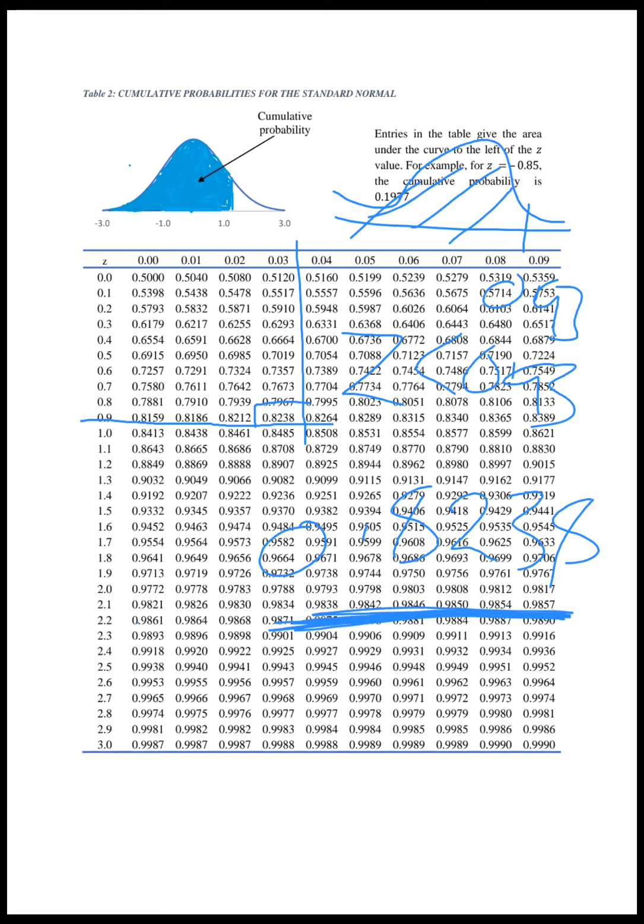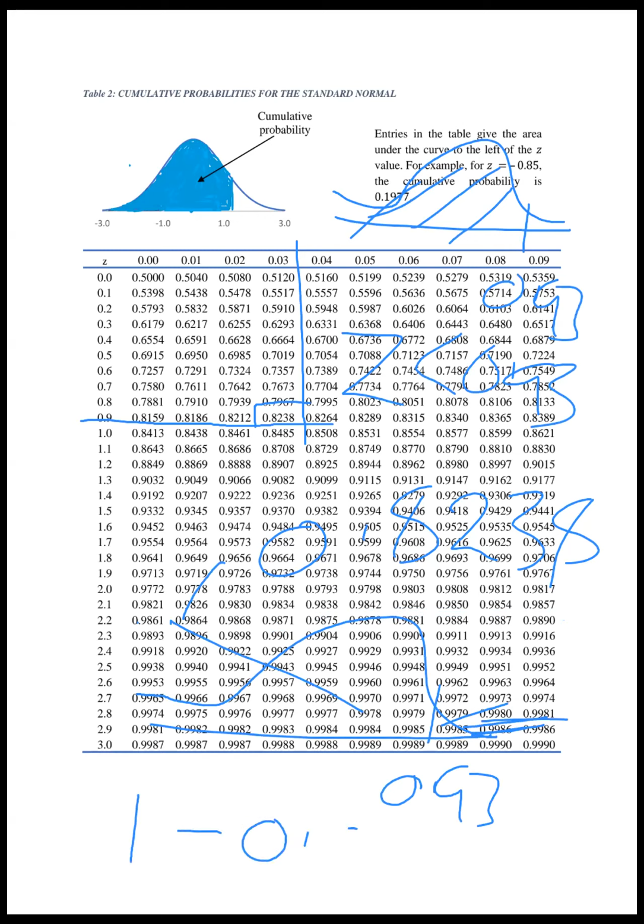But what if the question is asking about greater than 0.93? It means they are asking for the area after 0.93. How can you find this area if you already know the other area as 0.8238? You simply say 1 minus 0.8238, because you know the total probability is basically 1.